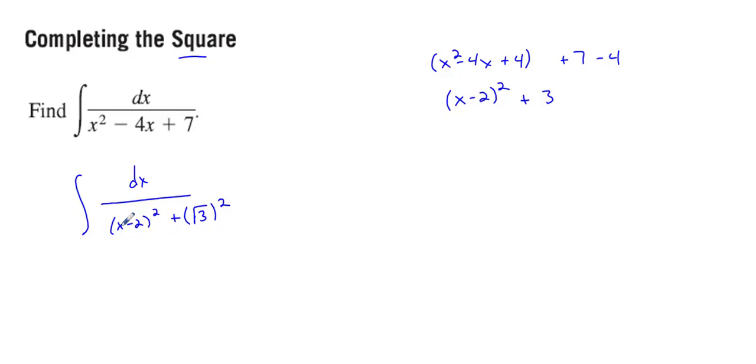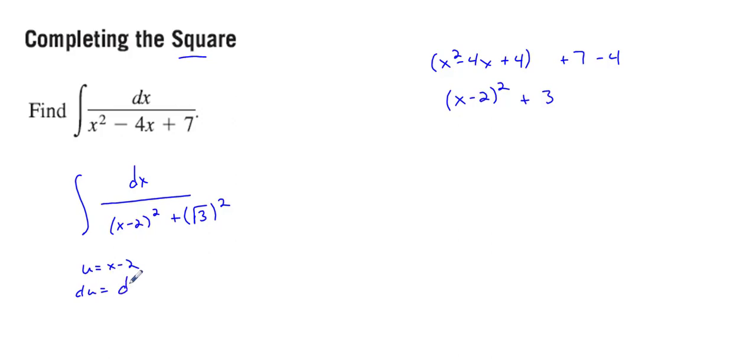This is definitely a u squared and a squared problem now. Okay, so my u equals x minus 2, du equals, oh, it's a linear function with coefficient 1.